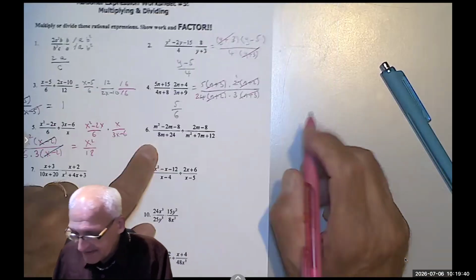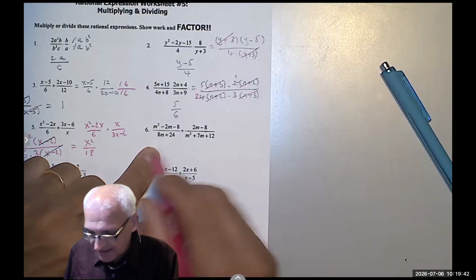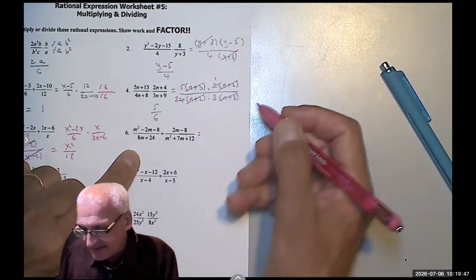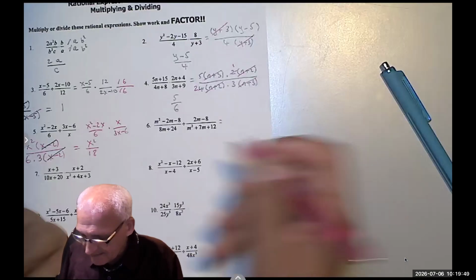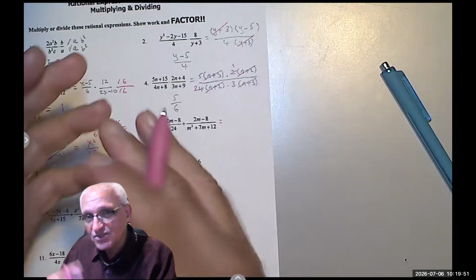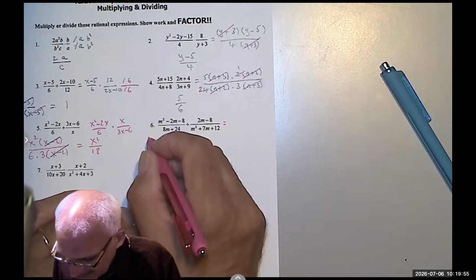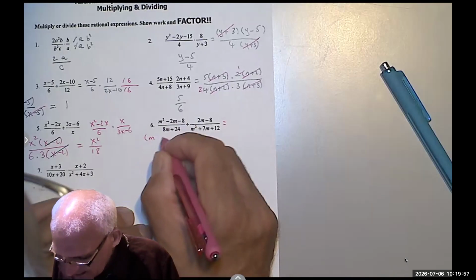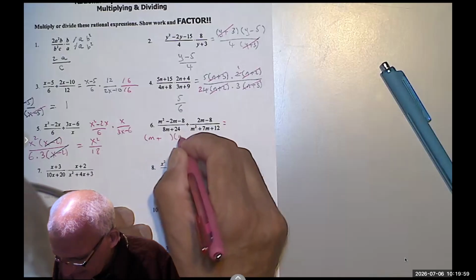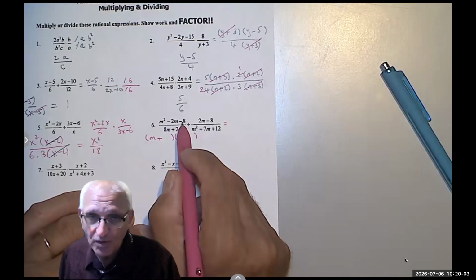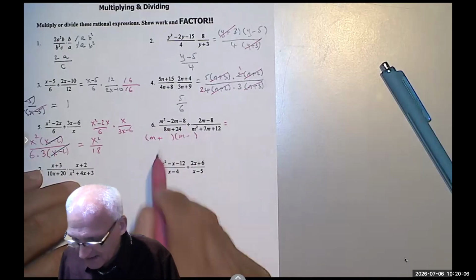When we move to number 6, it's a division, so I make it a multiplication. And at the same time, well, let's do multiplication as well as factoring. Here I have m plus and m minus because the product is negative. So one is positive, one is negative. The bigger is negative.